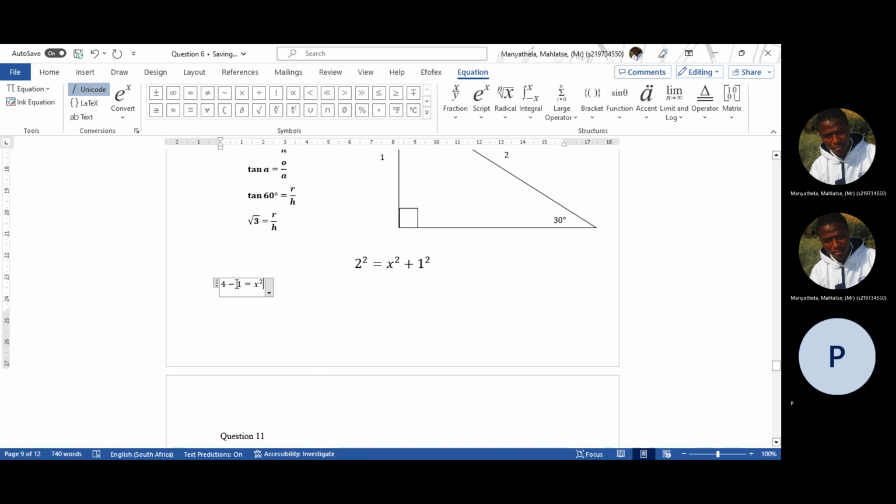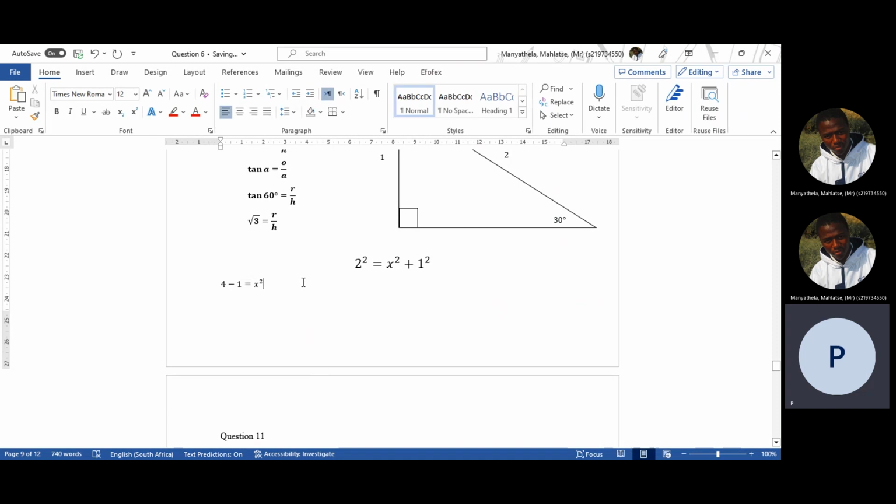Good. So 4 minus 1 is how much? It's 3. So 3 is equal to x squared.